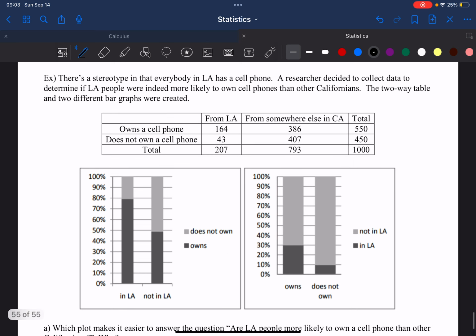And then last example here, we see that we're trying to disprove the stereotype that everybody in LA has a cell phone. So these researchers collected data on several people who lived in California, some of them specifically in LA and others from other parts of California, and they asked them, do you own a phone? Yes or no? So here is our data table, our two-way table.